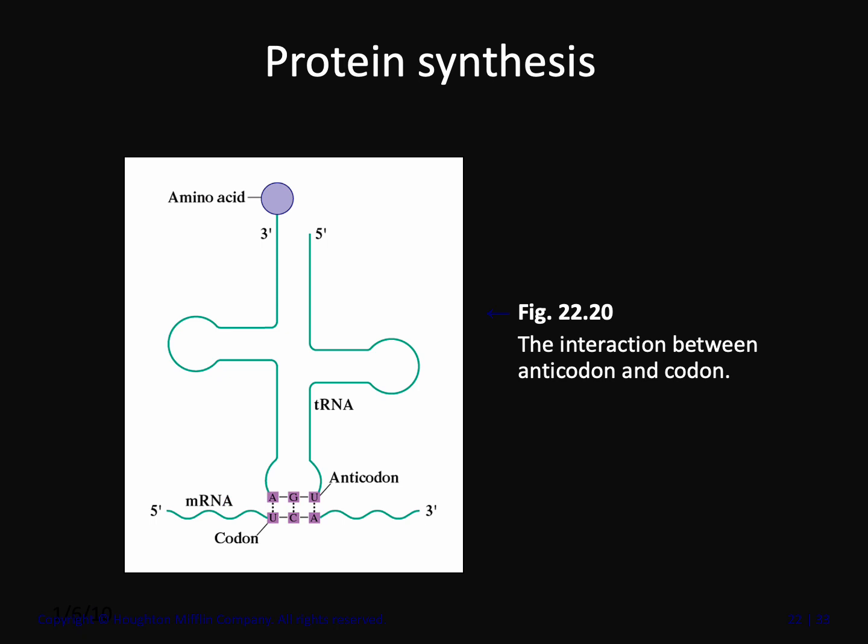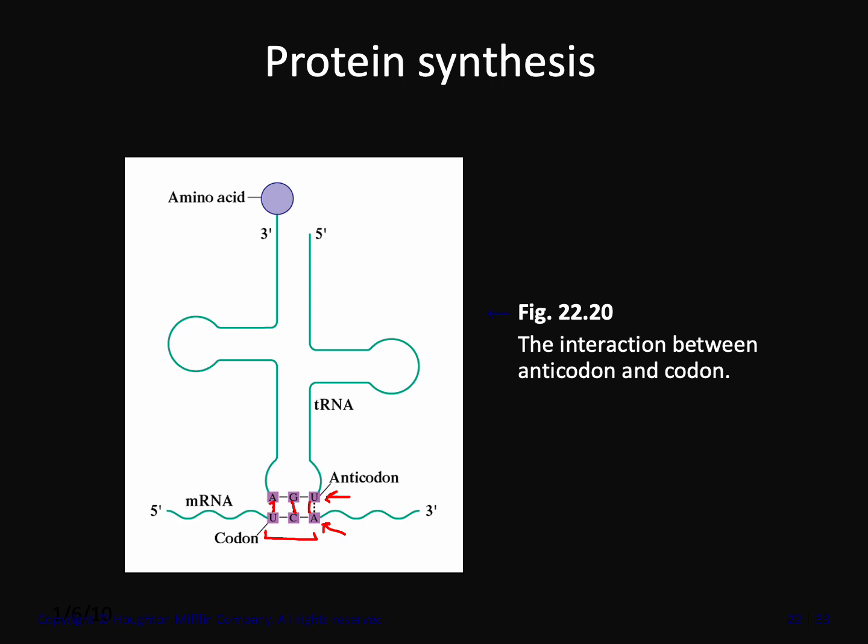Here we're seeing this anticodon region again, and its relationship with the codon on the mRNA. So this mRNA has this codon that's composed of 3 nucleotides that is UCA. This codon is going to bind specifically to a tRNA molecule that has the anticodon AGU, because A binds with U, G binds with C, and A binds with U again.